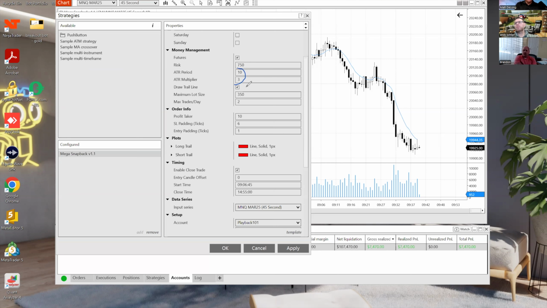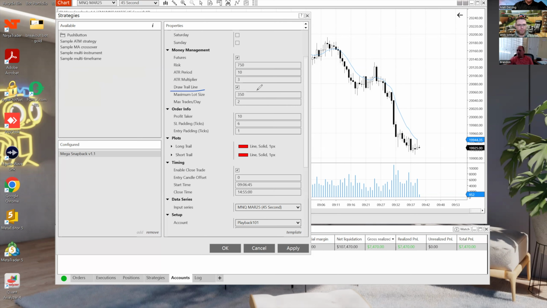Does that make sense? Now, if you're looking at a daily chart, it's the average of the last 10 daily candles. If you're looking at a weekly chart, it's the average of the last weekly candles. In this case, we're looking at the last 45-second candles. Does that make sense? And then, of course, you have to have this enabled to see the trail line.